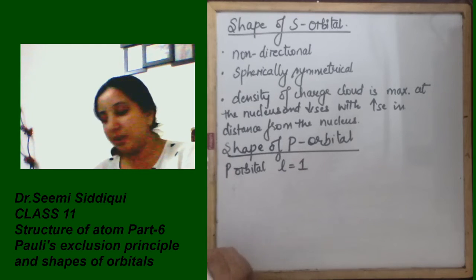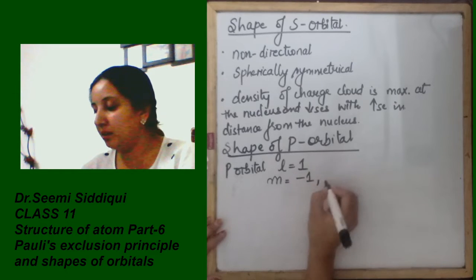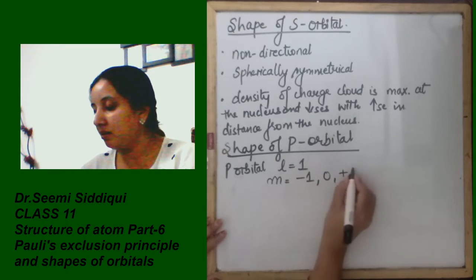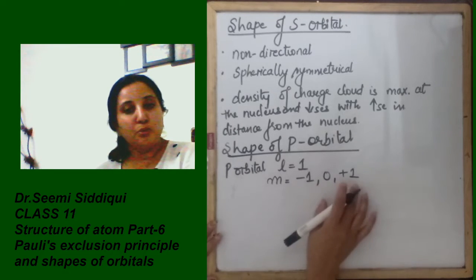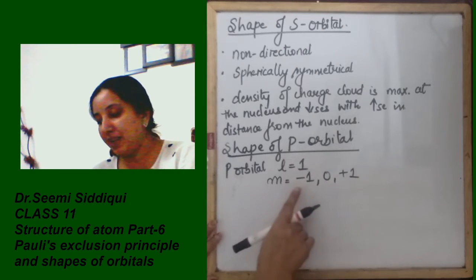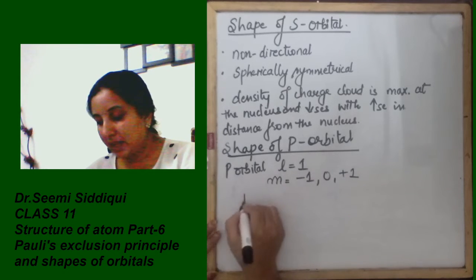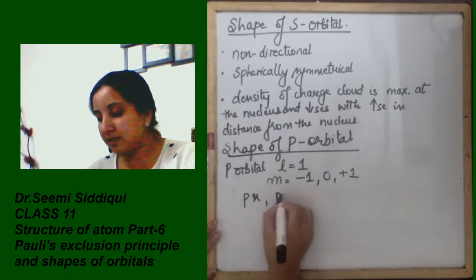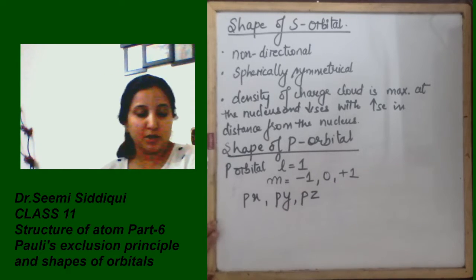When the value of L is 1, M is going to be -1, 0 and +1. So P is going to have 3 suborbitals. So we say Px, Py and Pz.